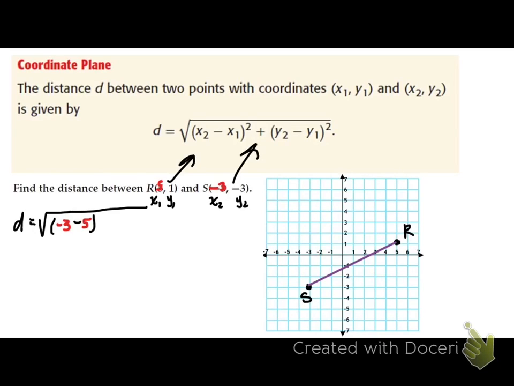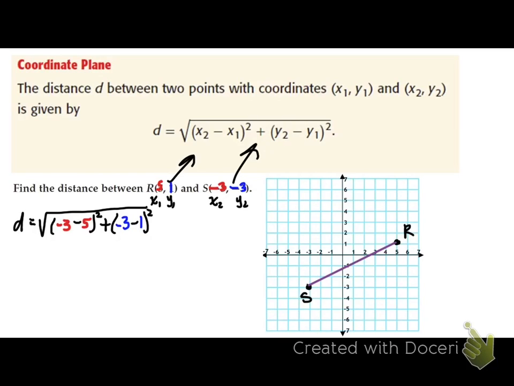We're going to square that. Plus our y values, which is negative 3, minus the y1, which is 1. And we're going to square it. So all I did is I took my points and I plugged them in. And that's essentially what we want to be able to do.